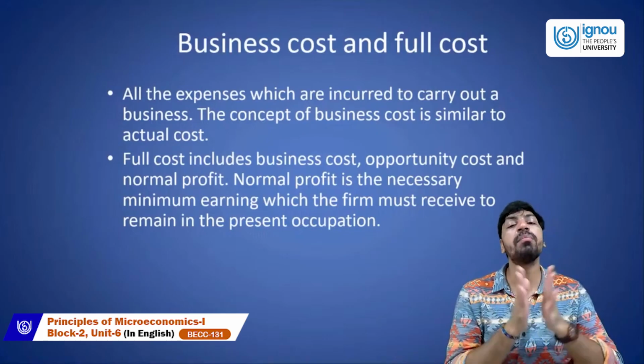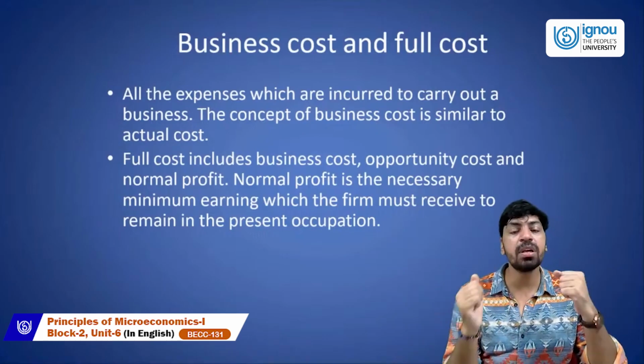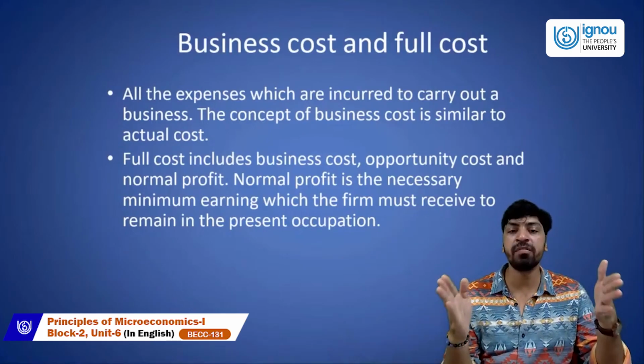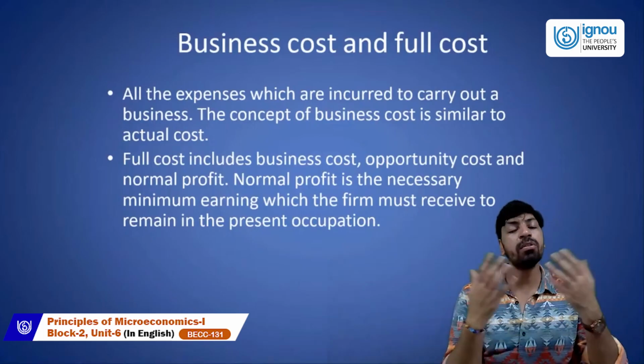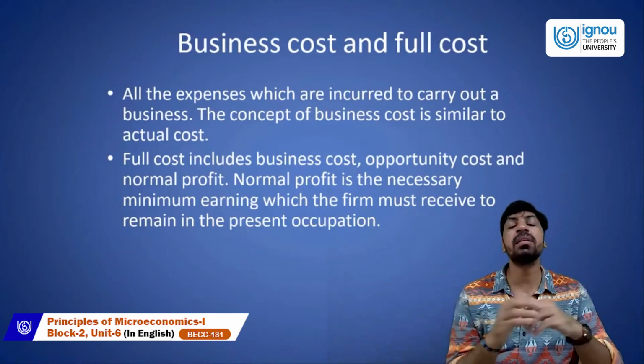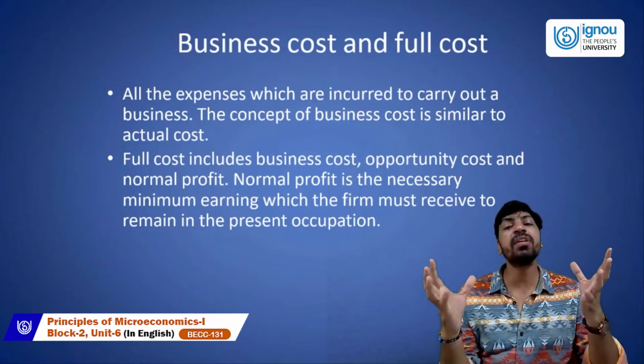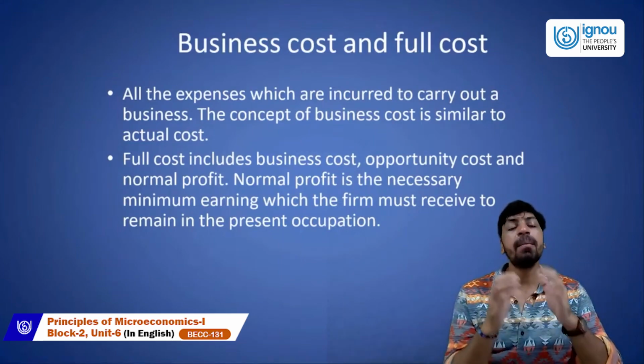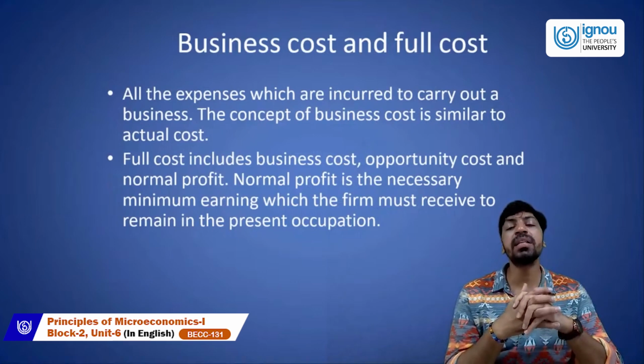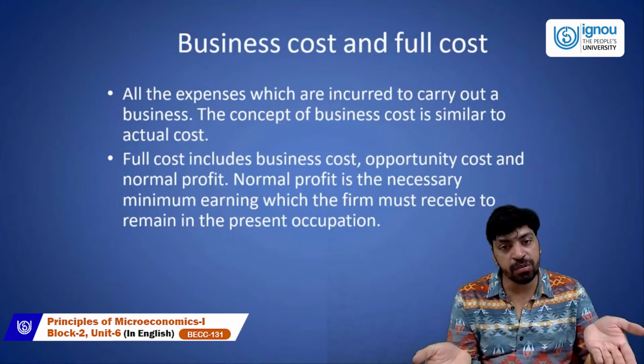That's called business cost. What is full cost? Full cost is a combination of the business cost, opportunity cost, and normal profit. So business cost is all of the expenses involved in the business. Opportunity cost refers to the expected returns from the best, second best alternatives which have a shortage of resources.